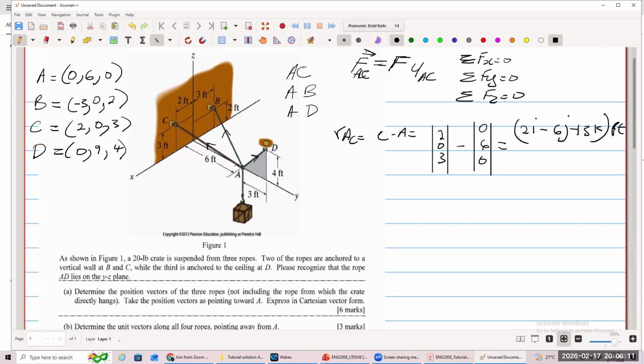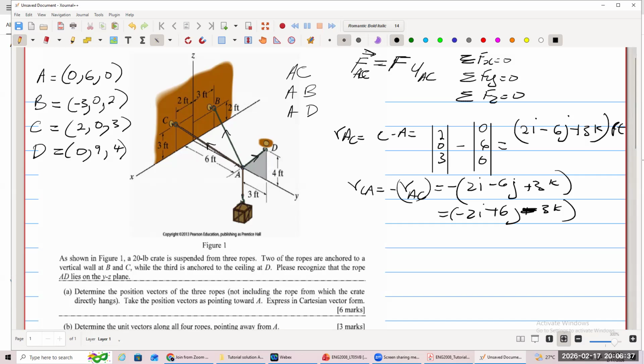They really want RCA, which is going to be the minus of RAC, right? So that is minus times 2i minus 6j plus 3k, which is minus 2i plus 6j minus 3k. I'm a bit tired, so just watch me if I make a mistake.